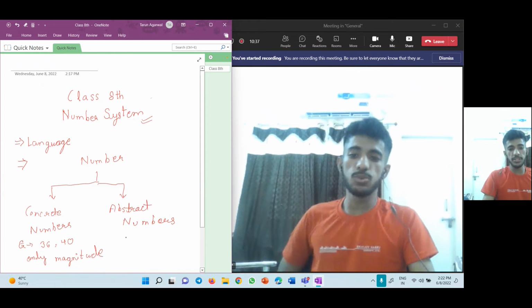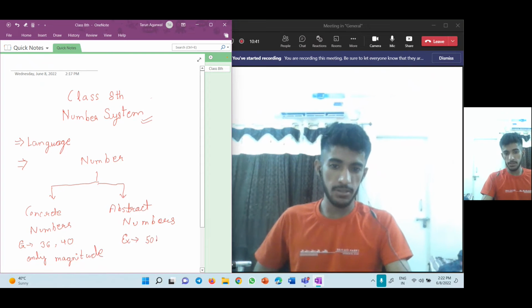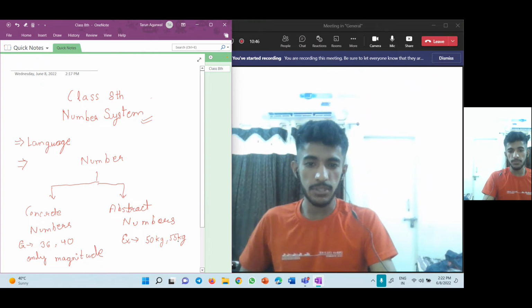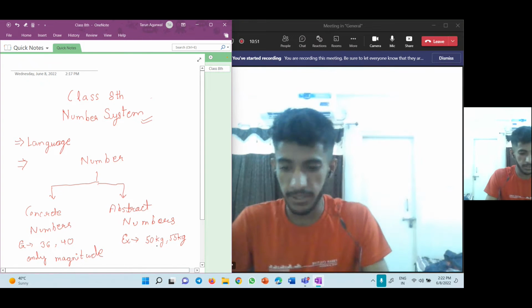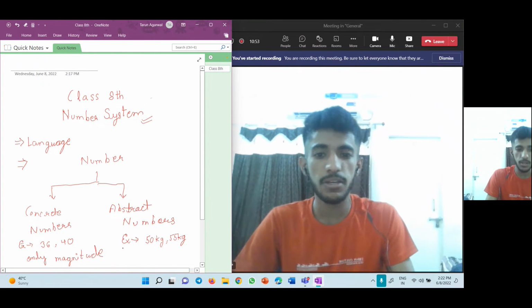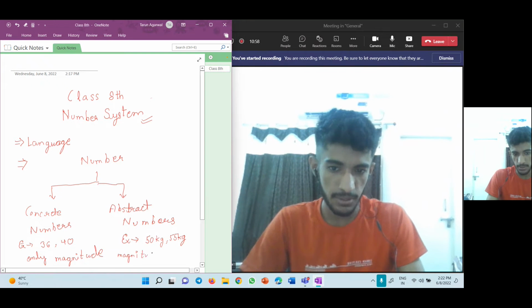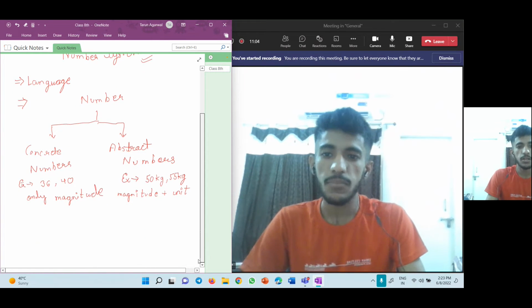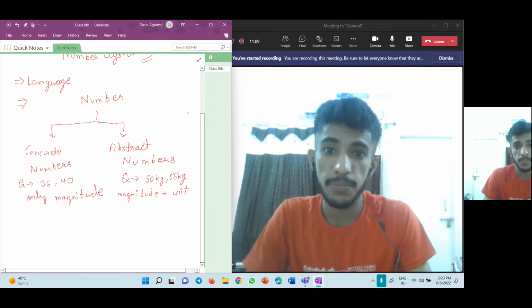While the students who mentioned that the weight is 50 kg or 55 kg, whatever they mentioned included the magnitude as well as the specific unit. So the difference between both is that it has a magnitude and as well as a unit, which here corresponds to kg. Okay.